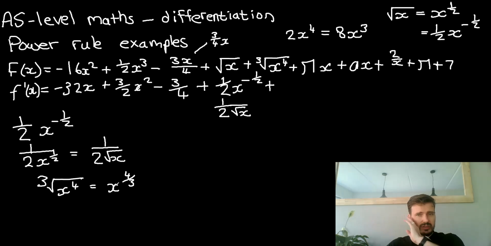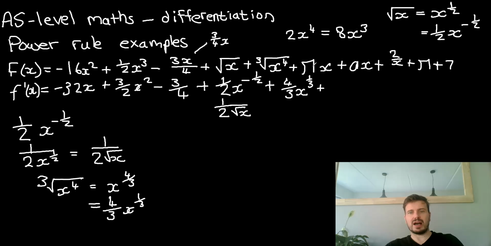So now that we've got this as x to the 4 over 3, we can find the derivative. 4 over 3 times 1 is 4 over 3 x, and then when I take 1 away from 4 over 3, technically 1 is the same as 3 over 3. 4 over 3 minus 3 over 3 gives me 1/3. You should know that from your fractions. So it's 4 over 3 x to the 1/3.